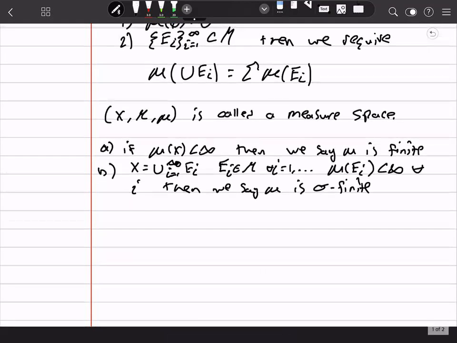If we require our measure to be sigma finite. And the last piece here is semi-finite.